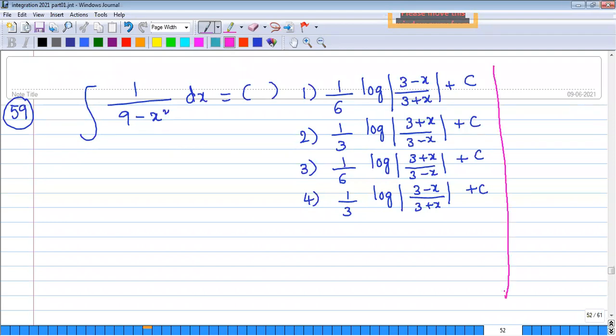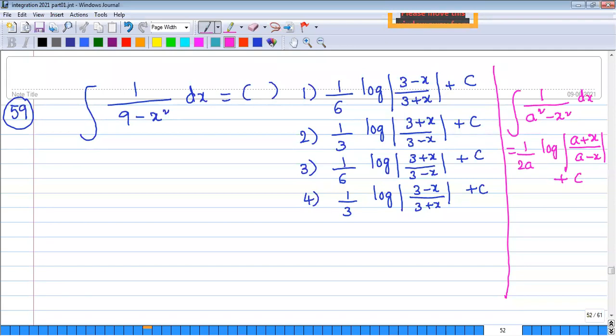See, we have the formula: integral 1 upon a square minus x square dx is 1 upon 2a log mod a plus x by a minus x, because a square minus x square factors are a plus x into a minus x. Now what will be the answer?